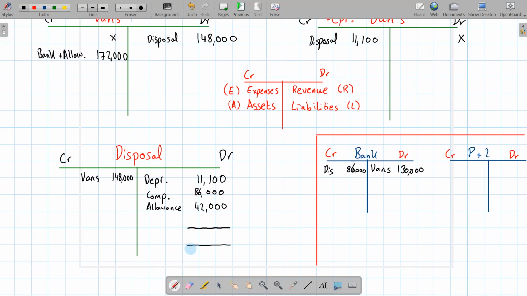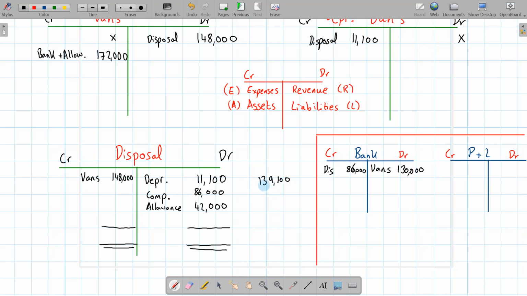We balance it. And we add up both sides and see which is greater. So if we have 11,100 and 86,000 and 42,000, we get 139,100.